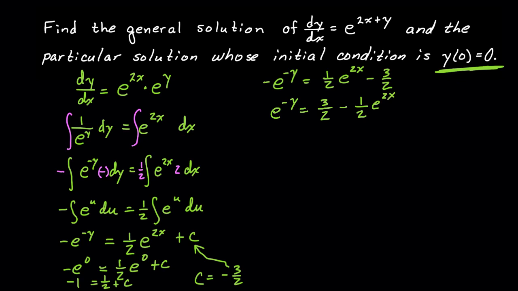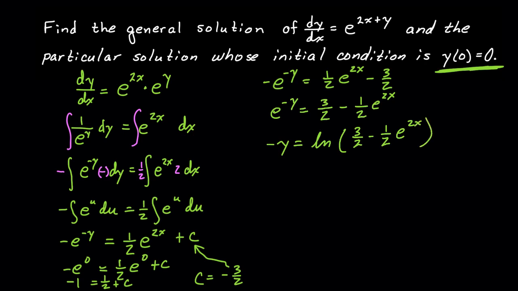All right, so now we're going to take the natural log of both sides of our equation. Taking the natural log of the left side will leave us with negative y equals the natural log of 3/2 minus 1/2 e to the 2x.